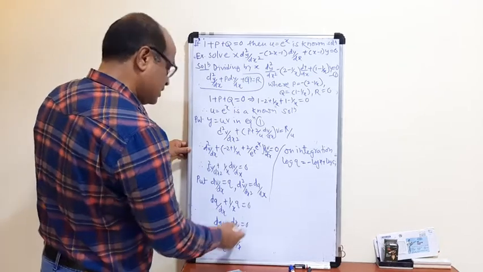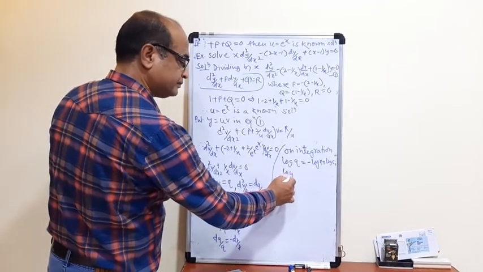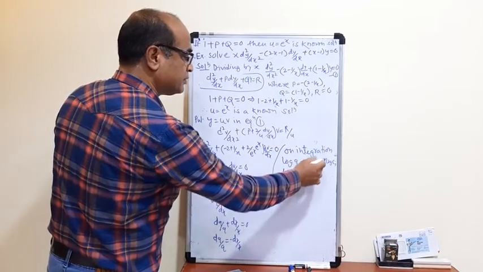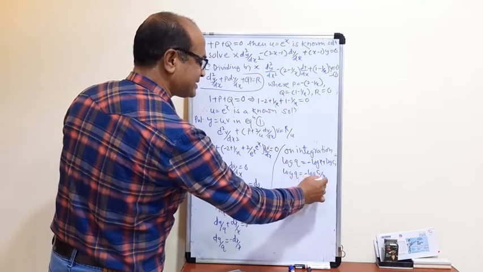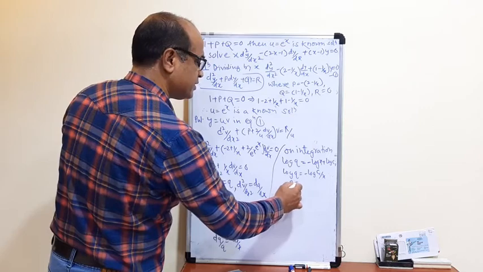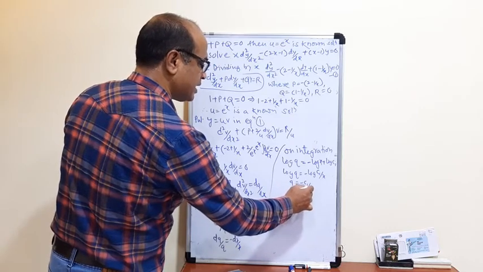So log q is equal to minus log of c1 upon x. So what is q? Minus c1 upon x.